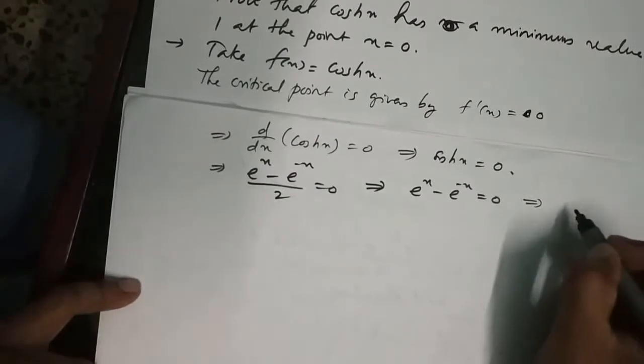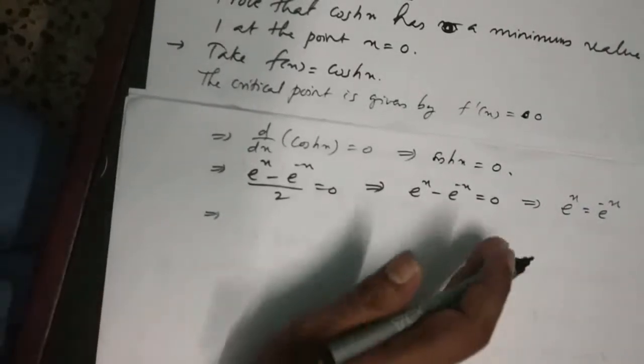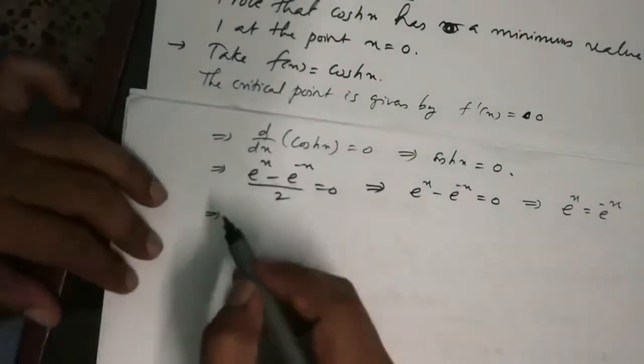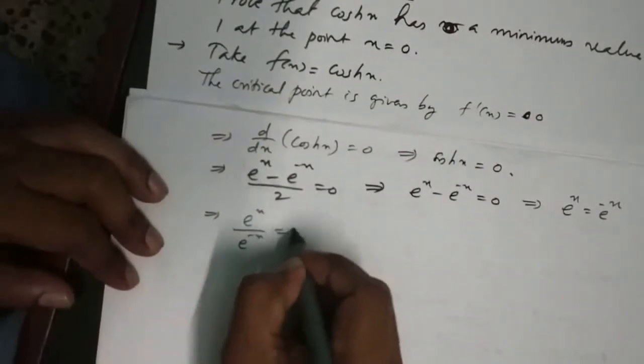So this implies e power x equal to e power minus x, right? This is only when x equals 0, or we can write e power x by e power minus x equal to 1.